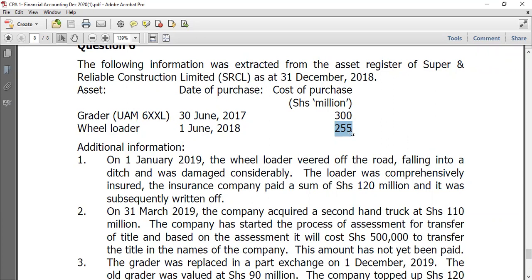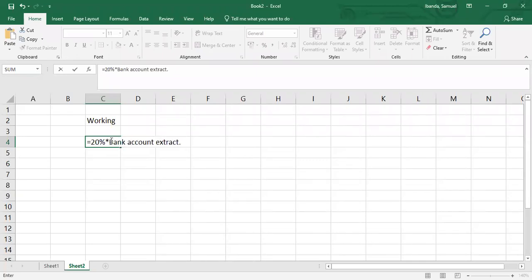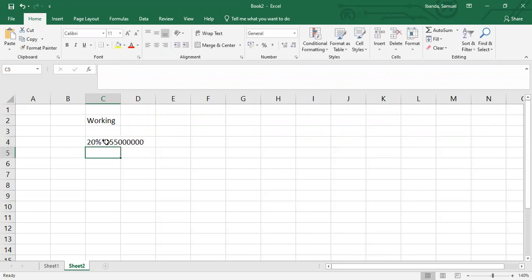Now in the first year, ideally, the cost is still the net book value, okay? So even if it's straight line or reducing balance, it will be the same principle. So I'll come here and multiply this by 255. So this is 255 million. Okay, like that. So I'll include it there.